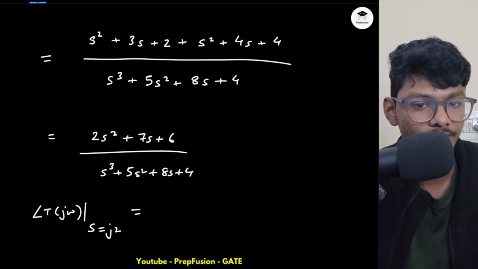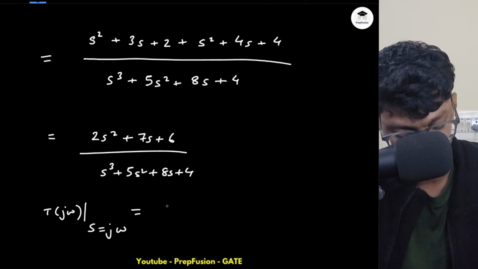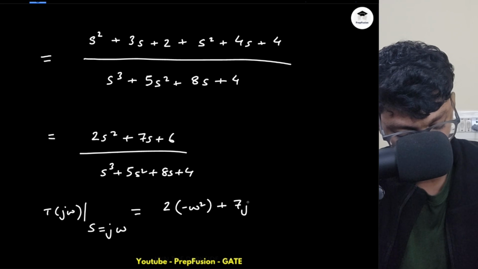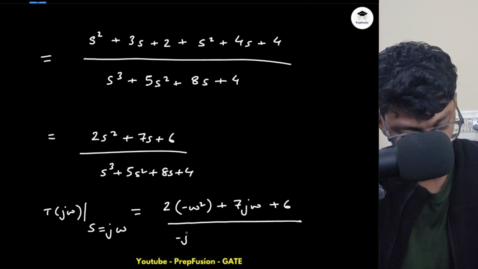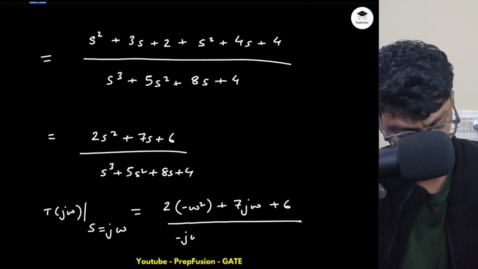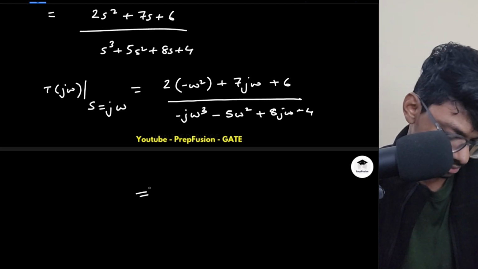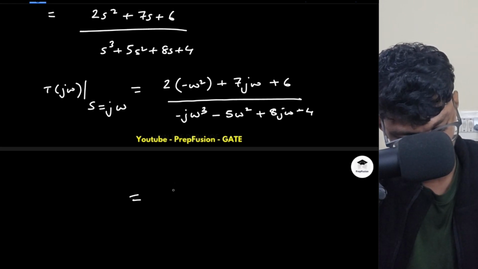Okay, so if I first replace s equal to j omega, it will be 2 into minus omega square, because j square is minus 1, plus 7 j omega plus 6, divided by minus j omega whole cube minus 5 omega square plus 8 j omega plus 4. Now can you write down the angle of this thing?